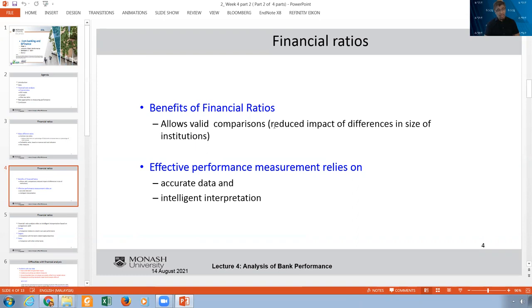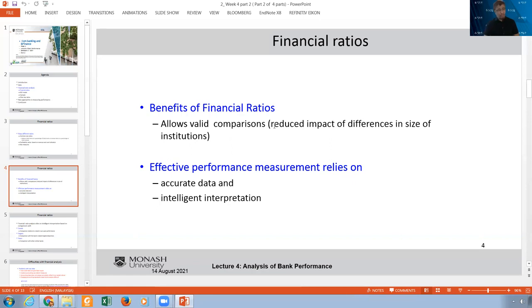I can take the return on assets, which is net income over total assets for that bank, and then take one of the smallest banks in Malaysia, for example, or in Indonesia, or anywhere in the Middle East, and do the same thing according to the numbers, the total assets, or if you want to calculate the return on equity, net income over the equity of that small bank, you will find the ratio.